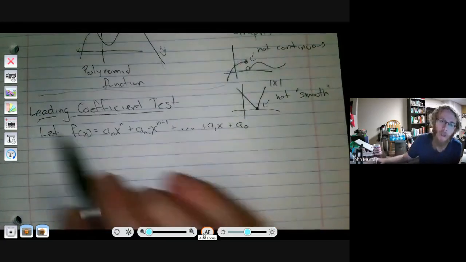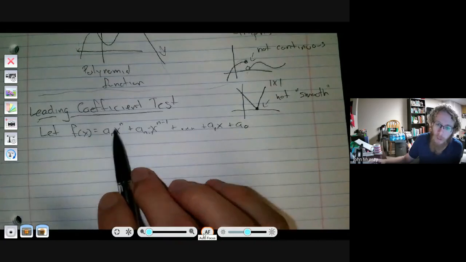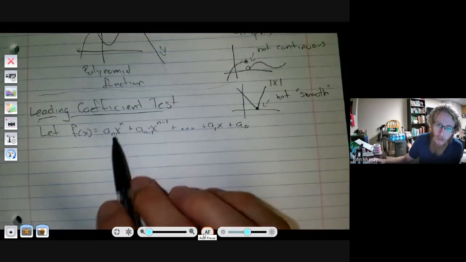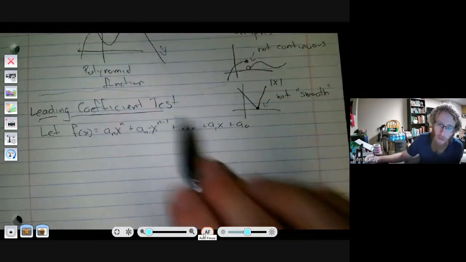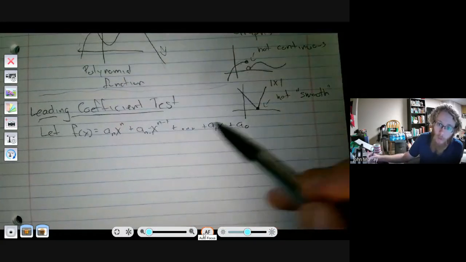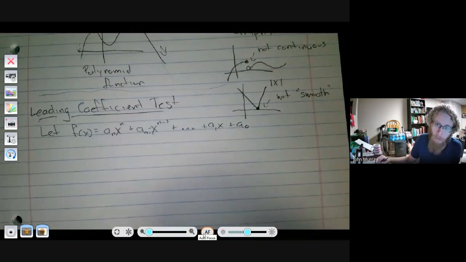So again, our polynomial in standard form just means that we have it set up where our exponents decrease. If this was to the fifth, this would be to the fourth, and so on and so forth.